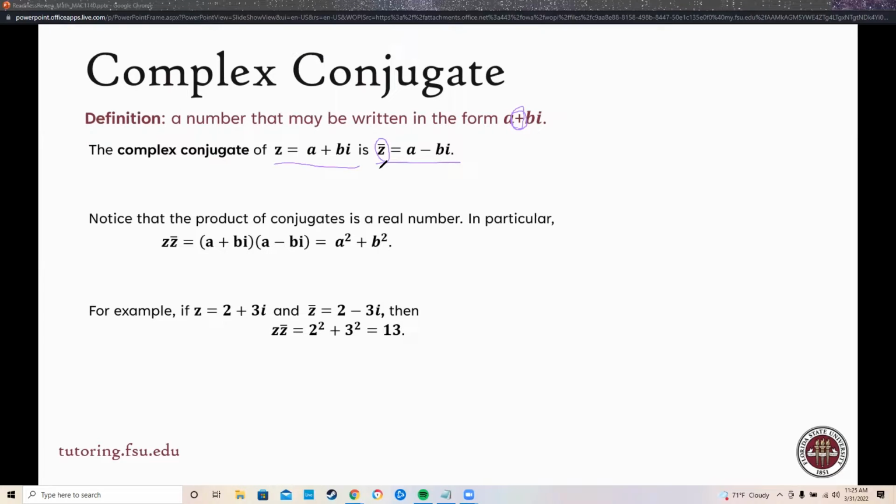And it has a very similar property to real number conjugates, where if you multiply two conjugates together, you just get a product that looks like a squared plus b squared. That's very similar to normal numbers as well.